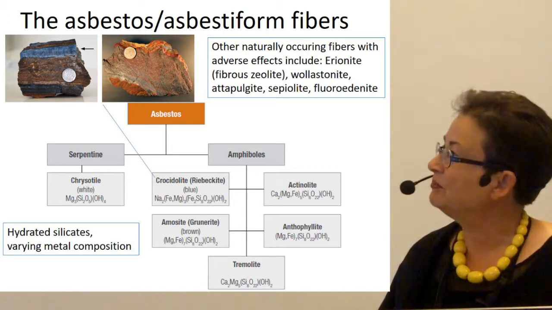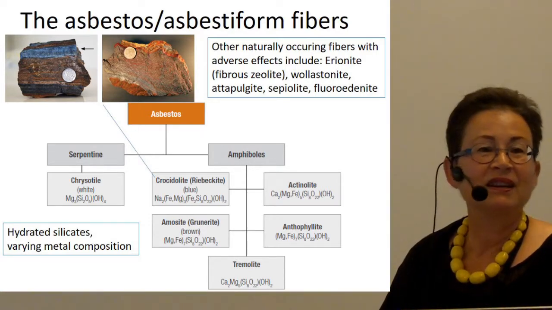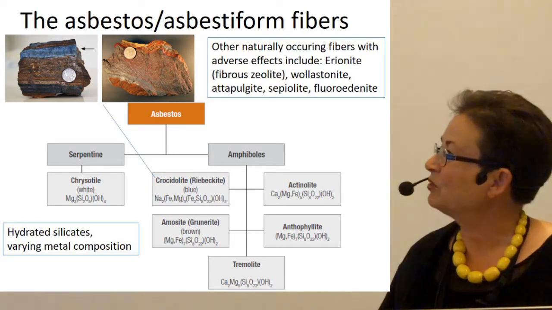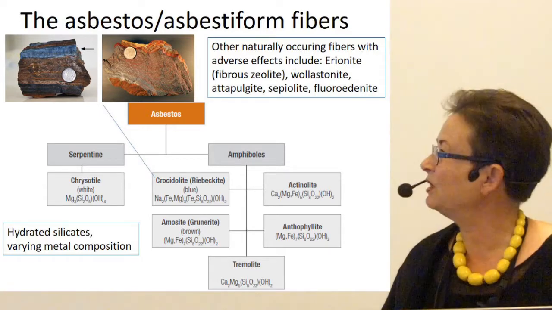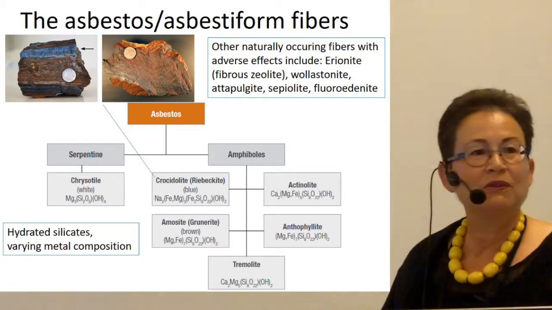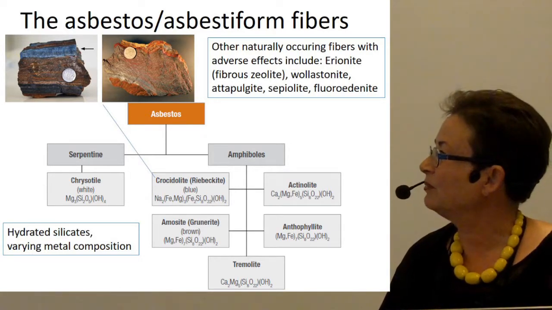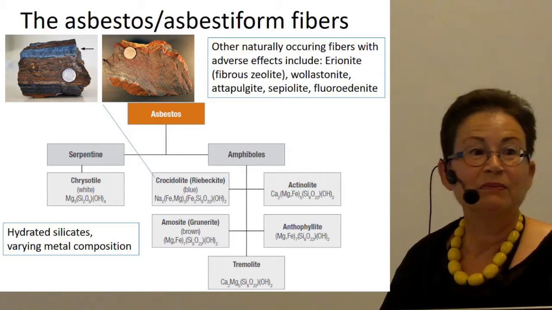Then there is the other major group, which is slightly more interesting in this context, the amphiboles. Of these, crocidolite and amosite have been mined for commercial purposes, also anthophyllite, especially in Finland, while actinolite and tremolite are mainly contaminants which occur in the mines.